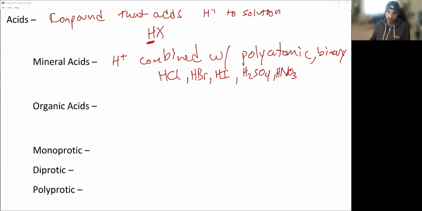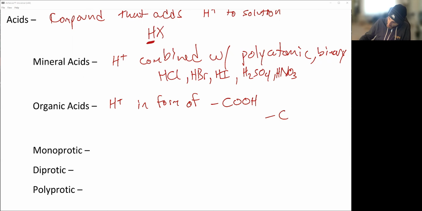Again, no carbon involved. Organic acids are basically H+ in the form of COOH, which is the organic functional group, and it kind of looks like this: carbon with one oxygen and then this other OH there. And we're going to talk more and more about functional groups, and I'll put an R here. That's just other organic stuff, a bunch of carbon and other stuff.